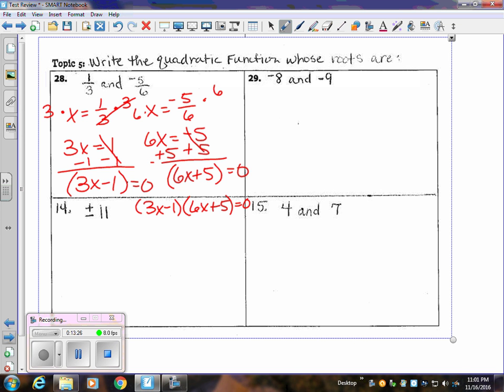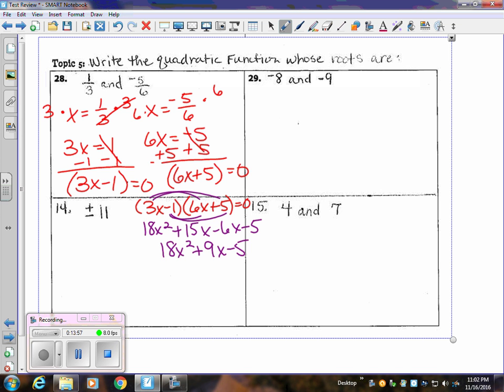There it is in factored form, but go ahead and put it into standard by doing your lobster claw. So we've got 18x squared plus 15x minus 6x minus 5 combined. So 18x squared plus 9x minus 5. So there is the equation.